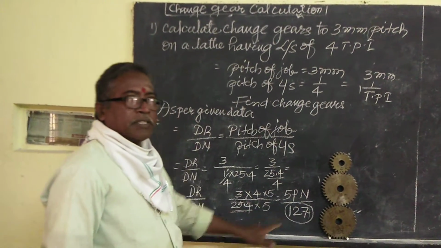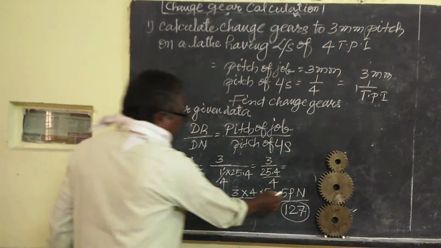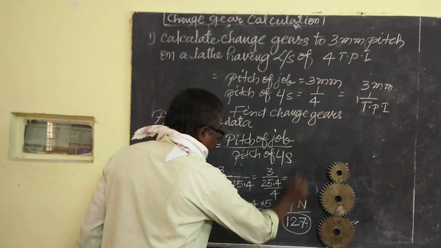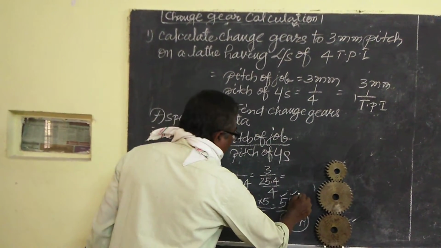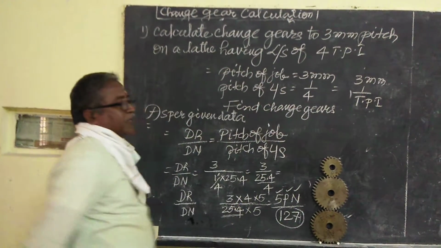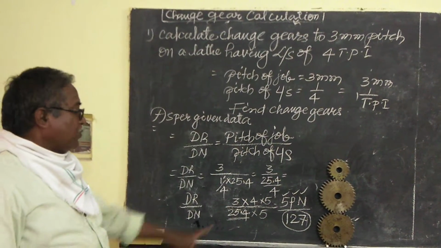This 127. So in 5pn by 127, 5 is the conversion factor, p is the pitch of job, and n is the TPI of the lead screw.